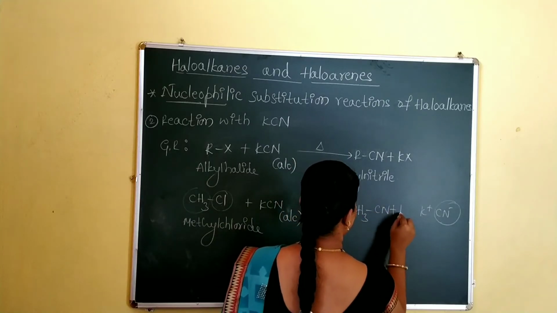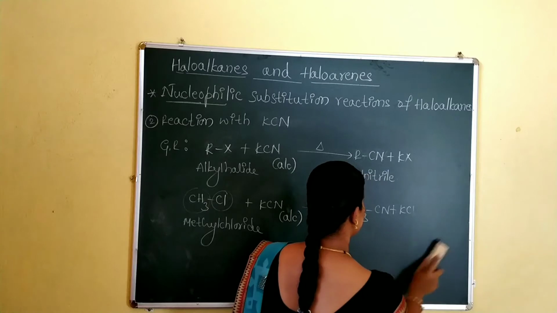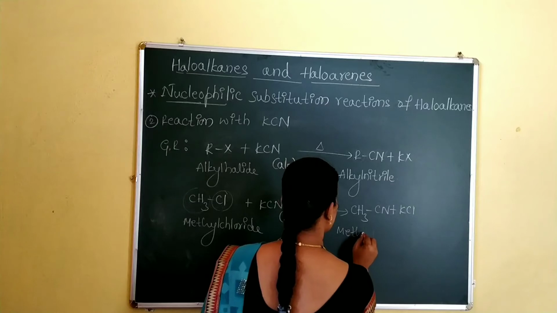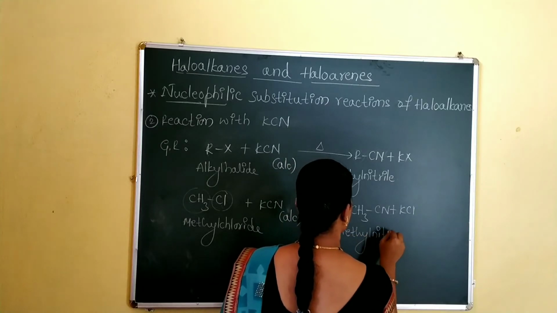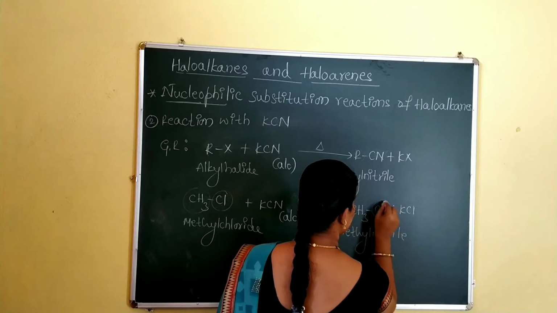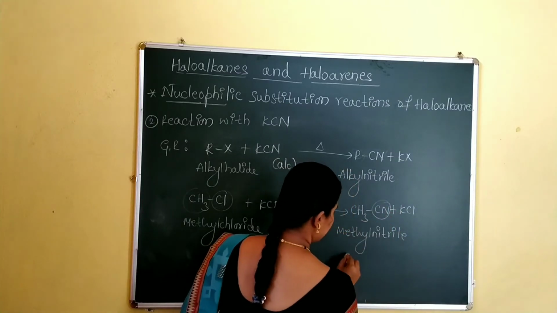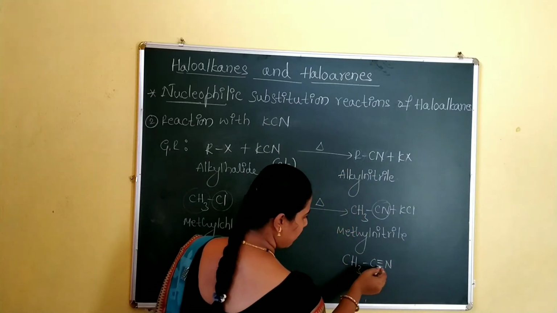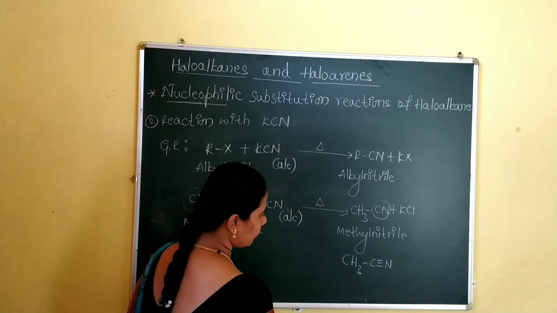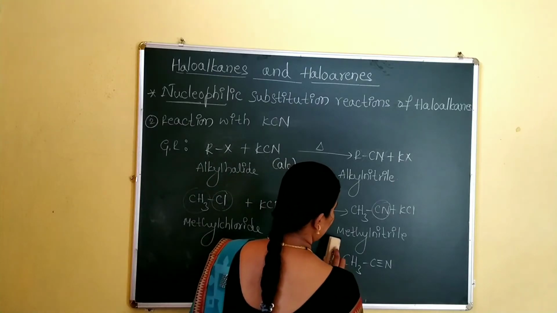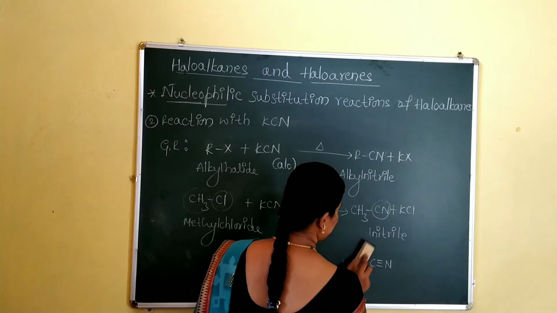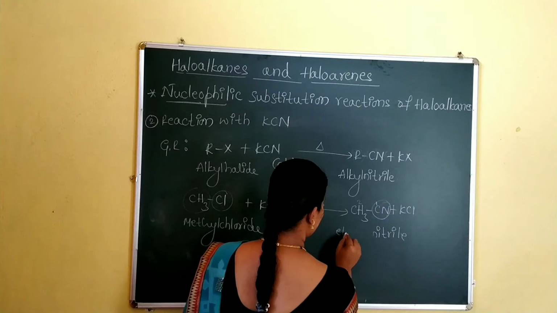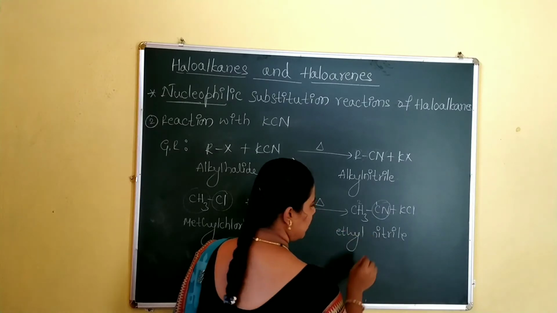CH3CN plus KCl. Methyl nitrile, CH3 C triple bond N. Sorry, it is ethyl nitrile. Take this as the first carbon, second carbon, there are 2 carbon atoms, therefore it is ethyl nitrile.